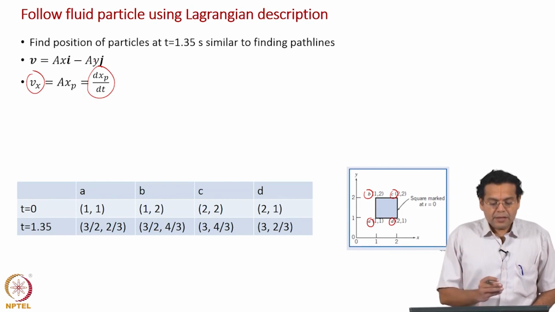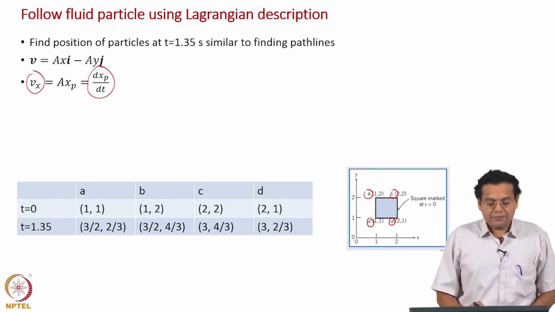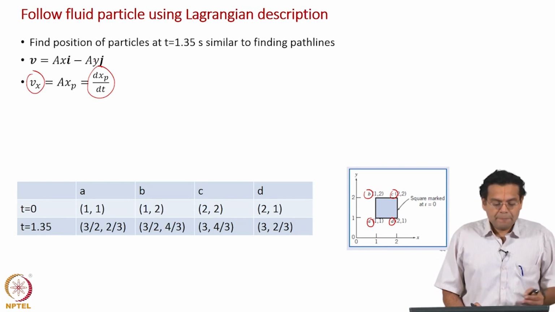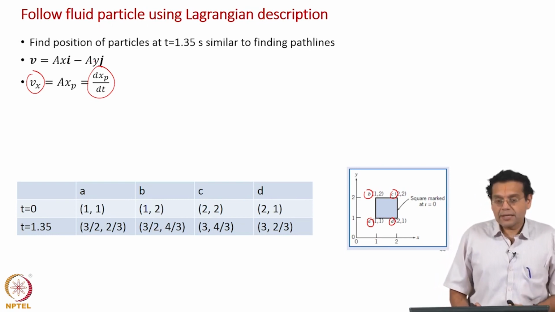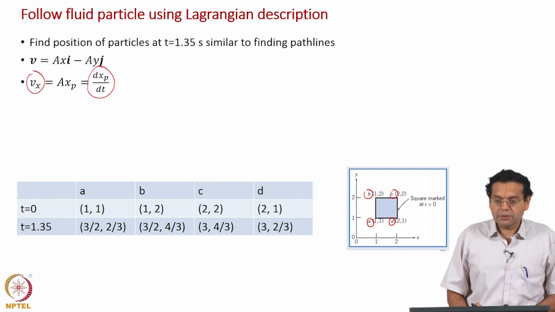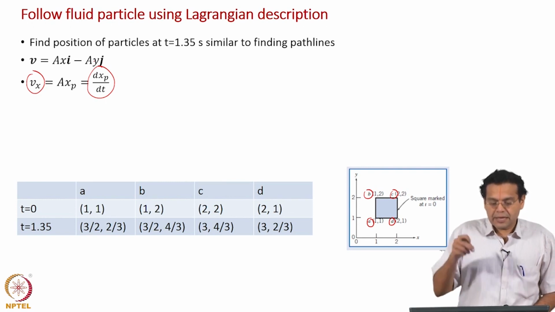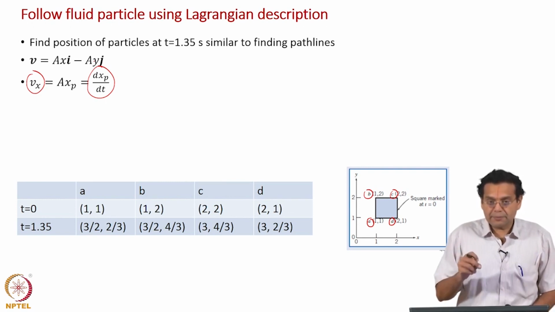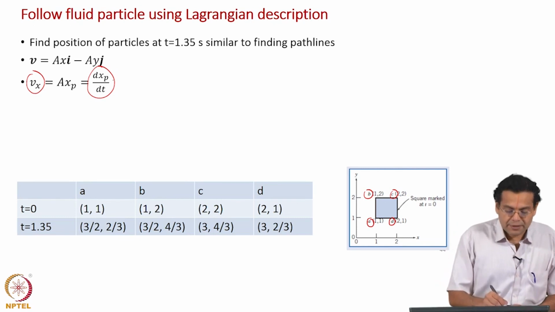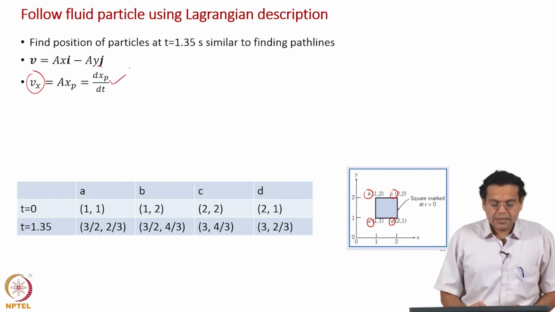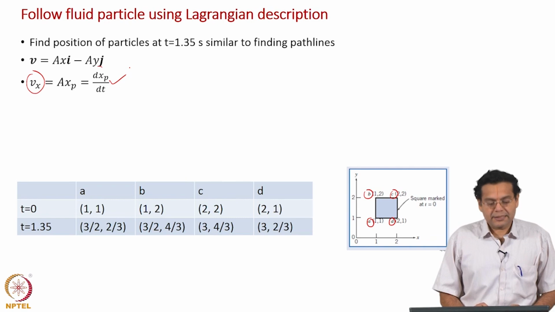We used this when we derived the substantial derivative and when we discussed path lines. The Eulerian velocity field is equal to the velocity of the particle which happens to be at that location, given by the rate of change of its displacement.